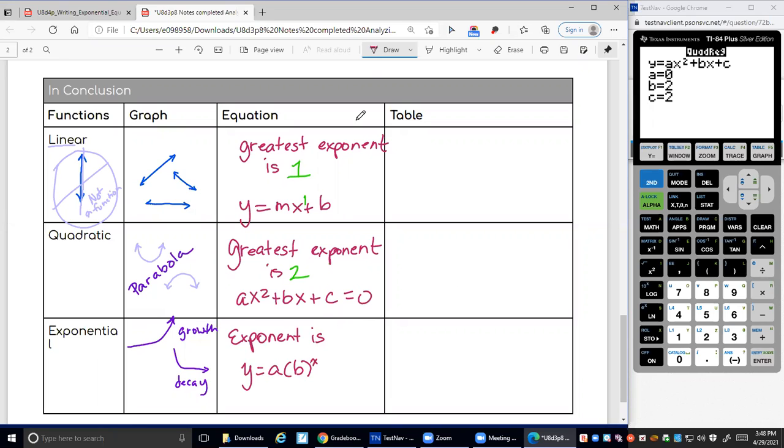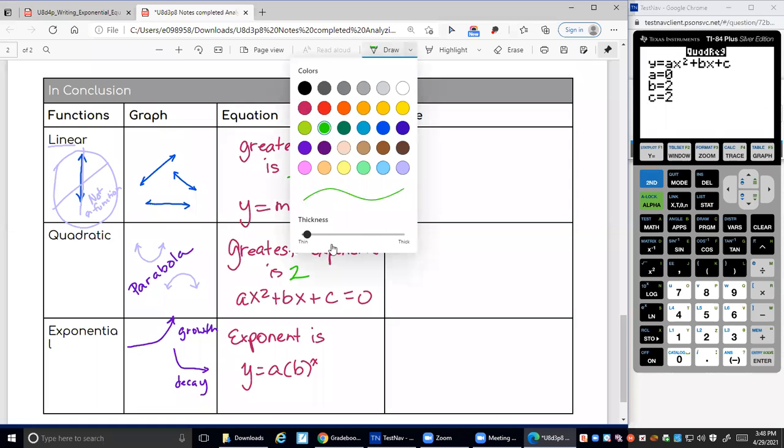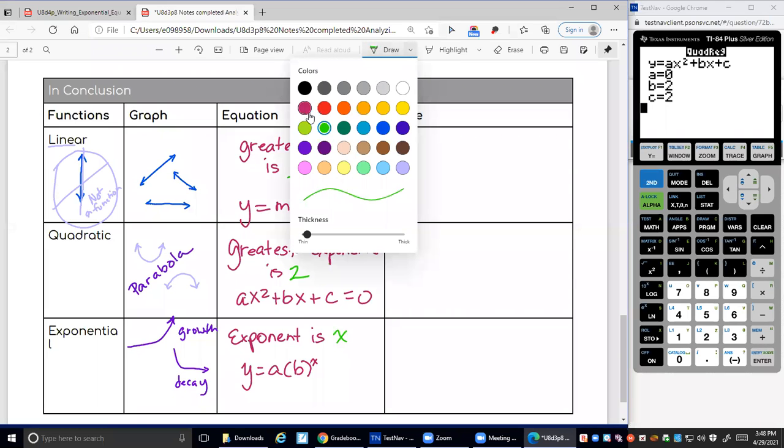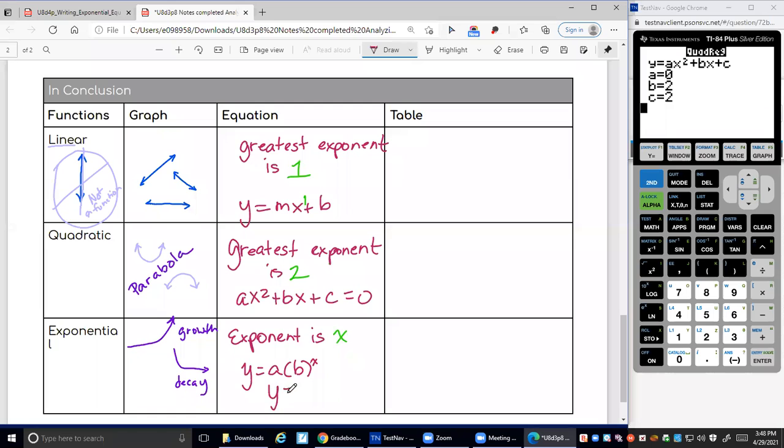X. The exponent's got to be X. If it's exponential, X is the exponent or the variable, right? It's either X or it's T, right? That's another one that they like to use a lot. So today, we're going to be talking about one where it looks like this: y is equal to a times (1 plus r) to the power of t, that type of thing. Those are exponential, where you have that variable in your exponent.